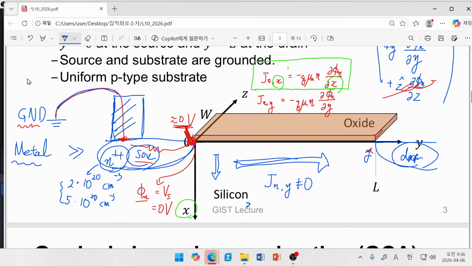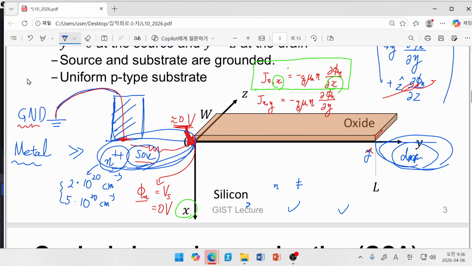Although we have applied a voltage difference in this y direction, can you expect current flowing in this vertical direction and not arriving at the drain eventually? Can you? So this one does not correspond to our physical intuition. So current should follow only the y direction, and vertical direction current conduction should be almost negligible. It simply means that from our intuition, it should be almost vanishing.